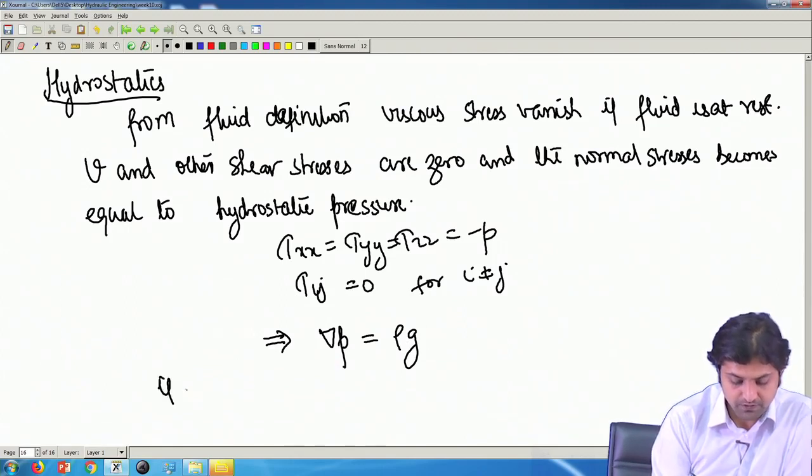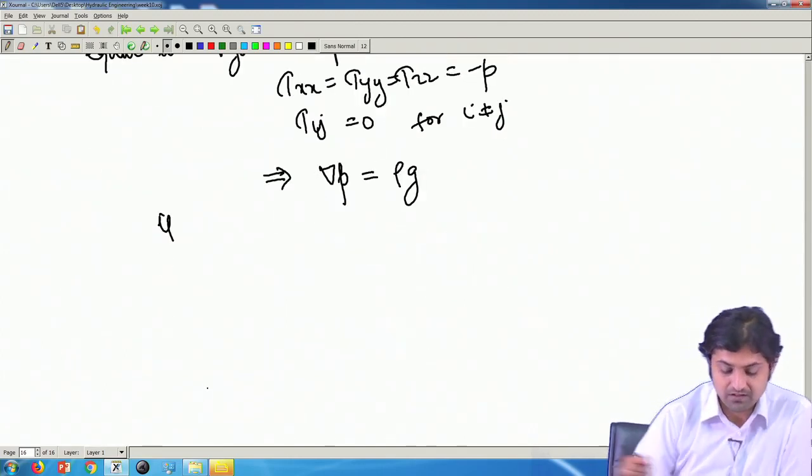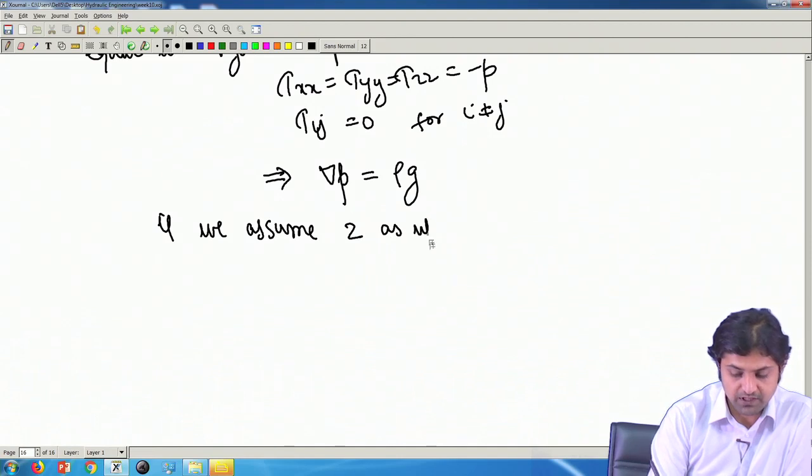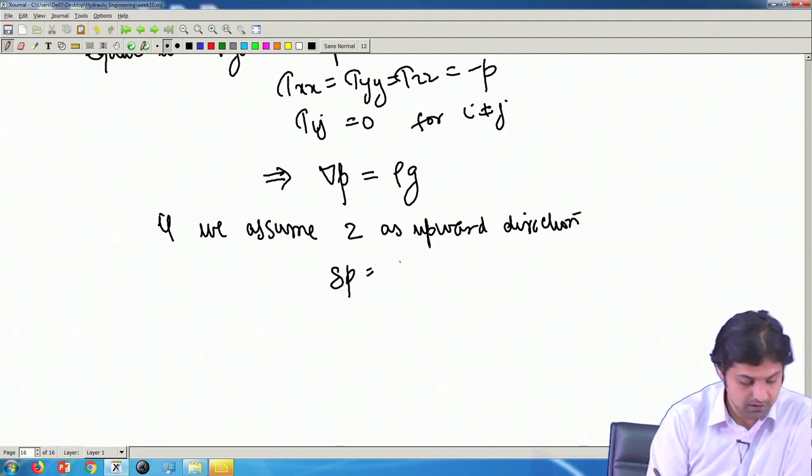If we assume z as upward direction, that means delta P will be minus rho g delta z.